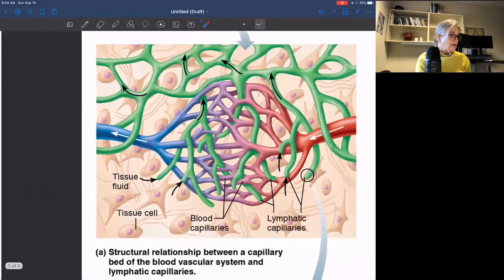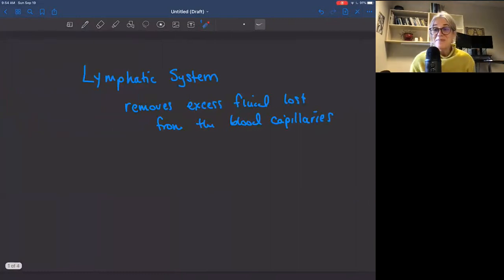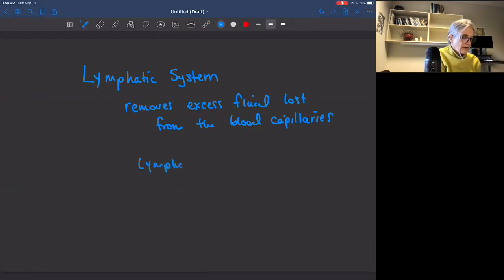So let's go back to this major function, that it removes fluid. So lymphatic capillaries are blind-ended.